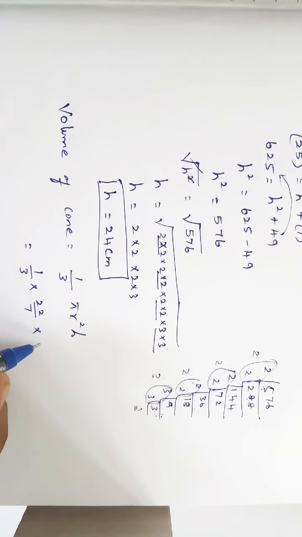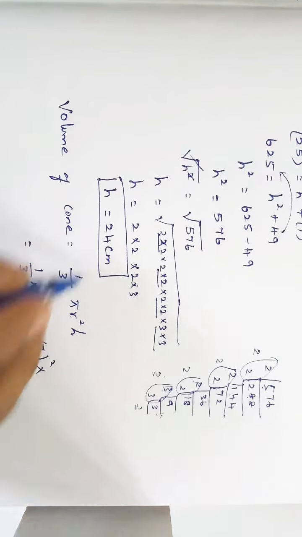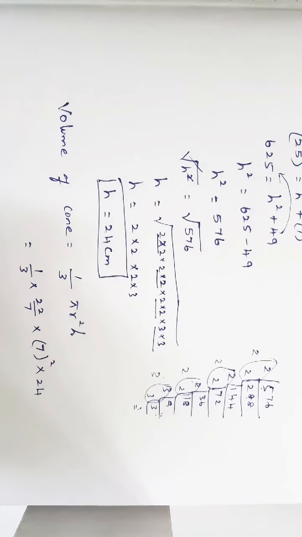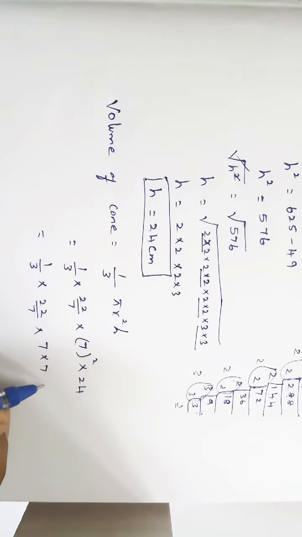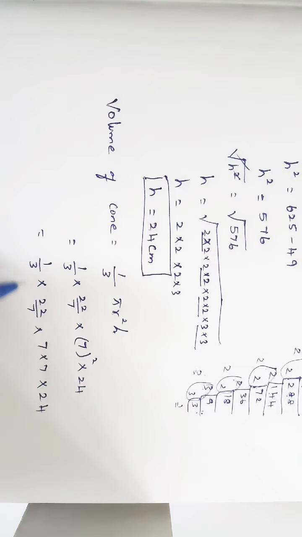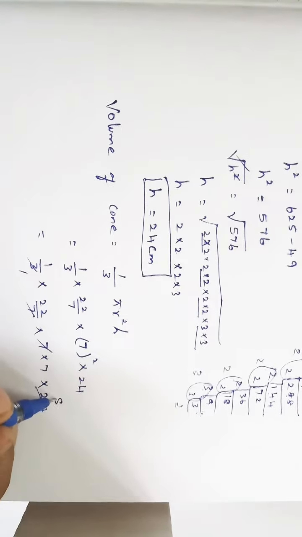So for r square, we have to write 7 twice. Otherwise you can write 7 square, no problem. Into height, which is 24, right? So 1 by 3 into 22 by 7 into 7 into 7 into 24. Now you can simplify. 7 will get cancelled. 3 times 8 is 24, right?